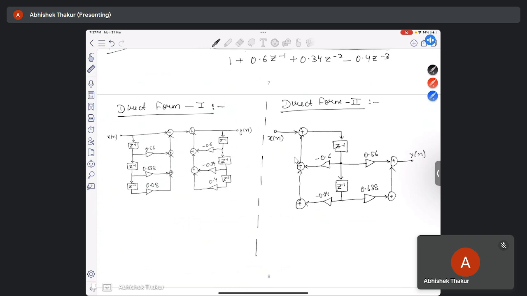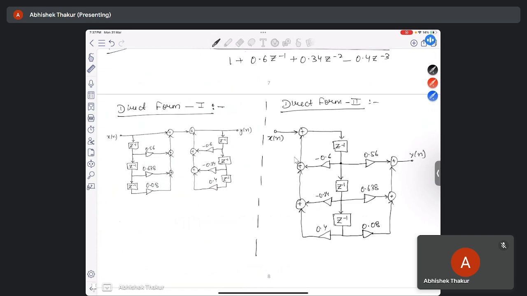Now there is one more delay unit, having a multiplier of 0.4, and this side 0.08. So this is our direct form 2 representation.